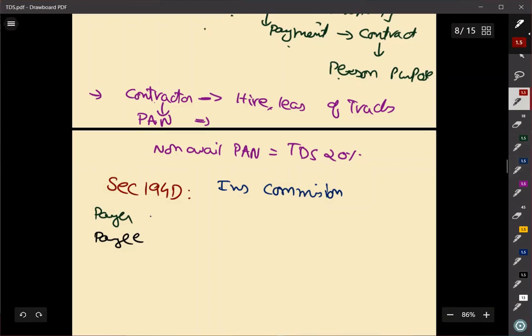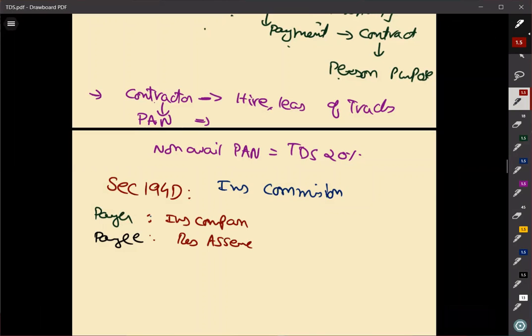Who is the payer here? The insurance company. Now, who is the payee? A resident SSC. The payee can be a resident individual, resident HUF, resident firm, resident company, whatever it is, his residential status should be resident in India.